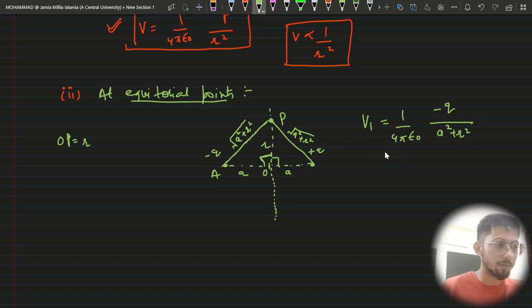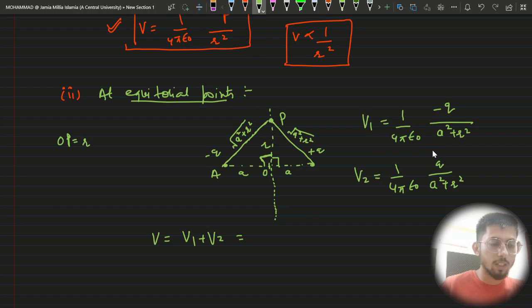V2 will be 1 by 4 pi epsilon naught, charge is plus q, distance is again a square plus r square. Now if you add the two to find the resultant, V1 plus V2, they both are identical except one is positive and one is negative, so they will cancel out and hence the result is 0.